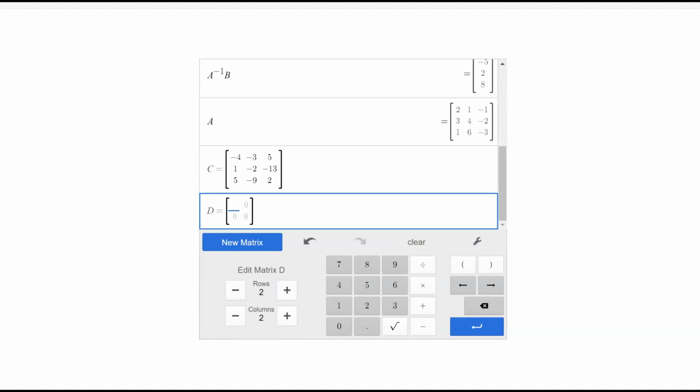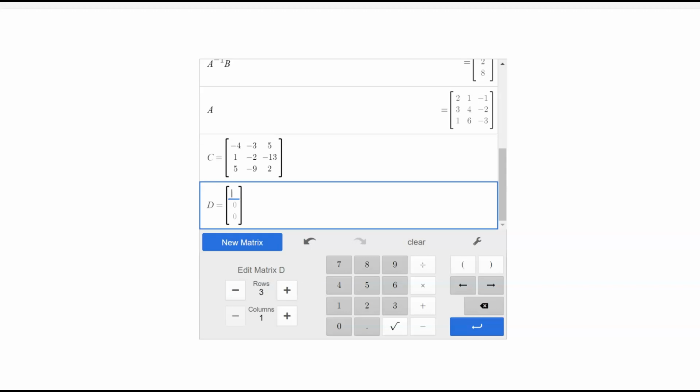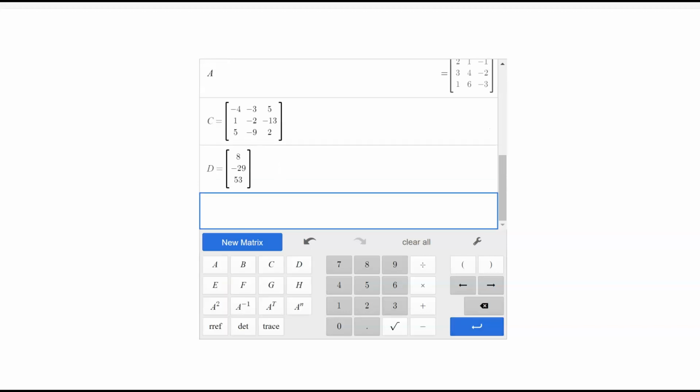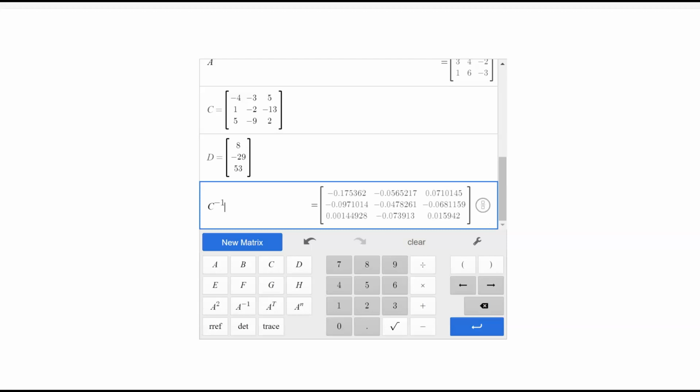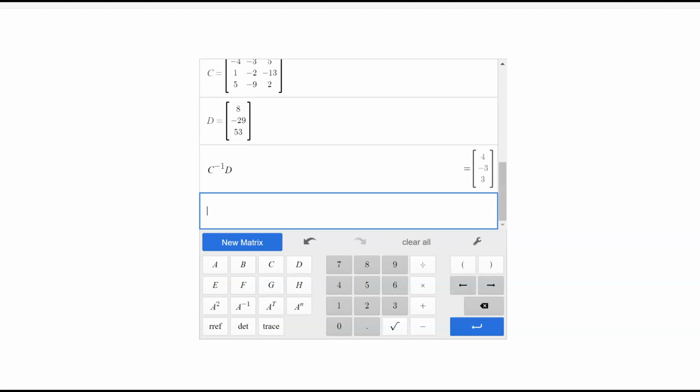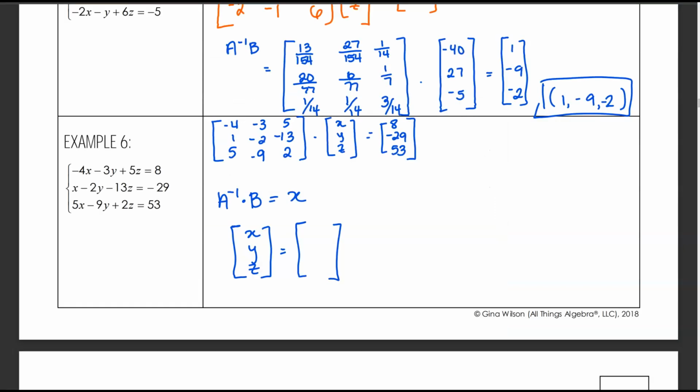Our new matrix D or B is going to be 8, -29, and 53. So remember, we are taking the inverse of C, and we're going to multiply that by matrix D, and we see that our answer is 4, -3, and 3.